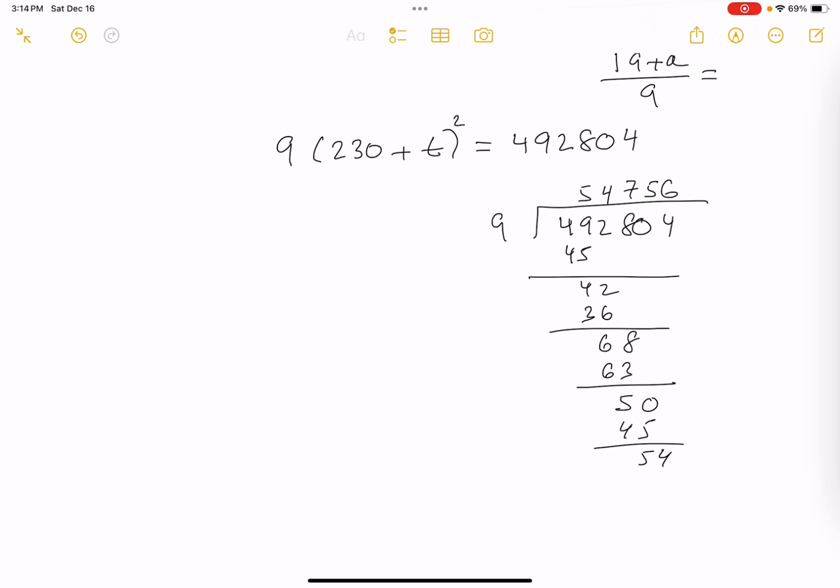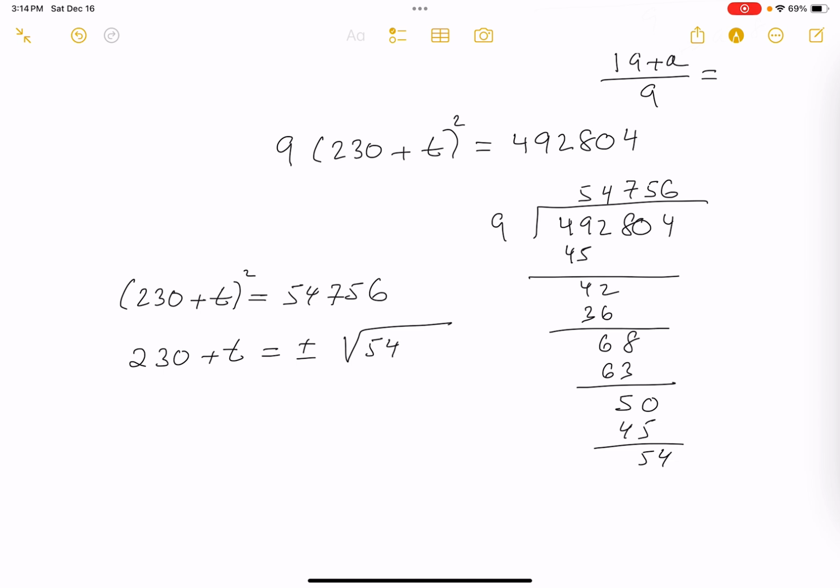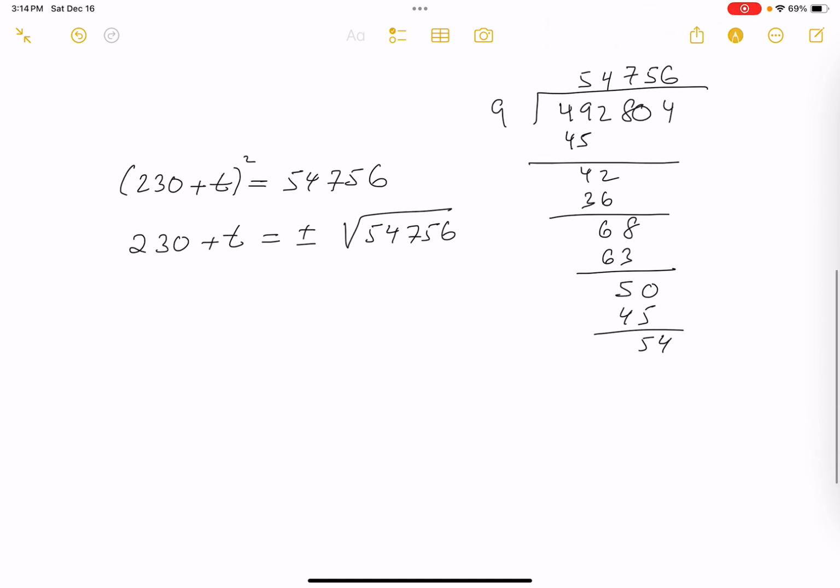I'll write it down for you. We have (230 plus t) quantity squared is 54,756. Remember, t is an integer, so I'm expecting this thing to be a perfect square. Square root rule, plus or minus the square root of 54,756. Well, I'm looking at that number.